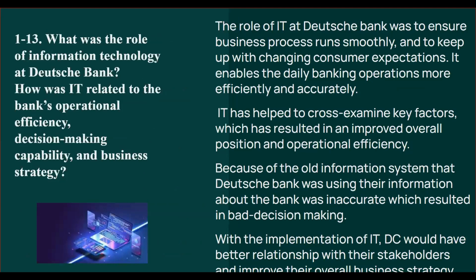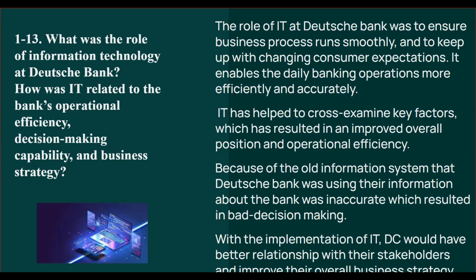Next slide, please. So the next question is, what was the role of information technology at Deutsche Bank? How was IT related to the bank's operational efficiency, decision-making capability, and business strategy? So the role of IT at the bank was to ensure business processes run smoothly and to keep up with changing consumer expectations. It enables daily banking operations to run more efficiently and accurately.